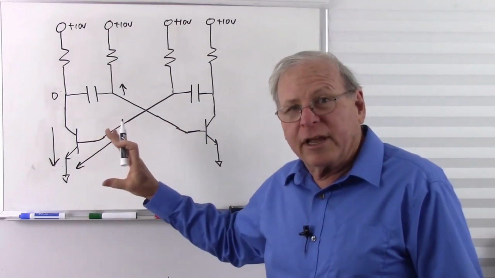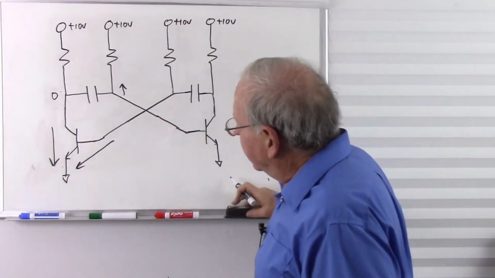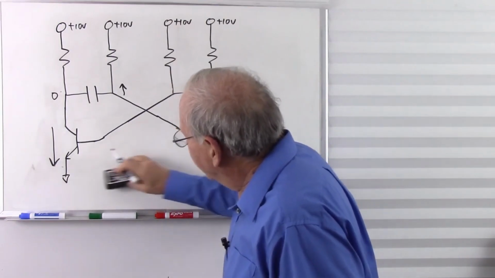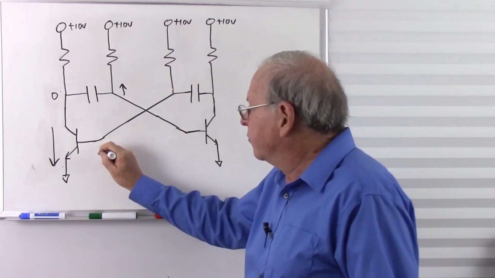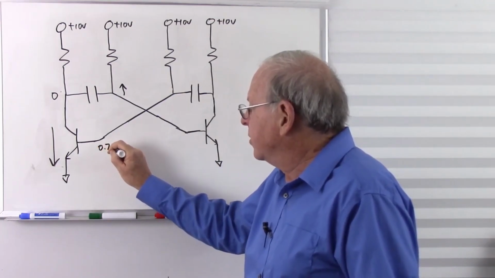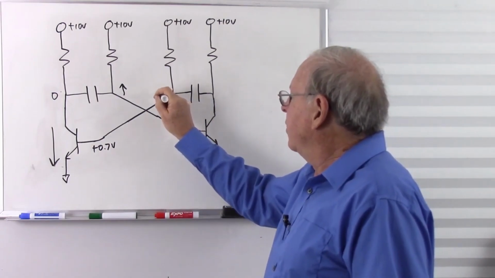So no matter what the current is, within reason, it's going to be around 0.7 of a volt. Don't want to get too off base with what's really happening there, but we're going to know that this is going to be a maximum of 0.7 of a volt here, which means that's going to be the same story here.